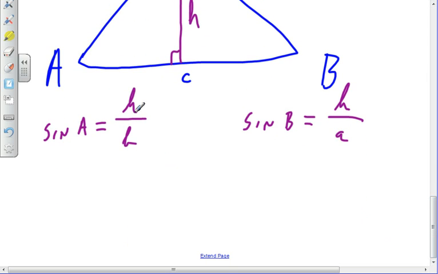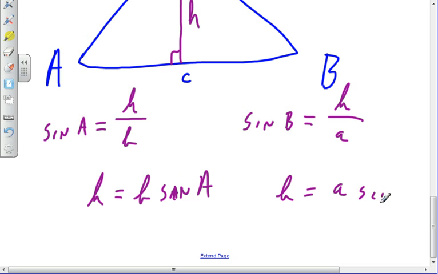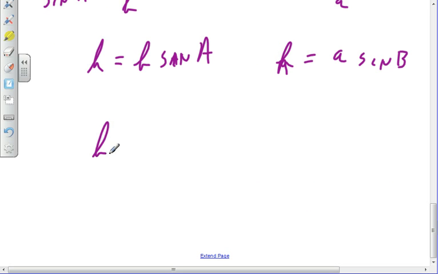And then you're going to say, well, look at this h. h is equal to b sine A. And I look over here and I say h is equal to a sine B. Now, the two h's are the same thing, right? So b sine A has to equal a sine B.